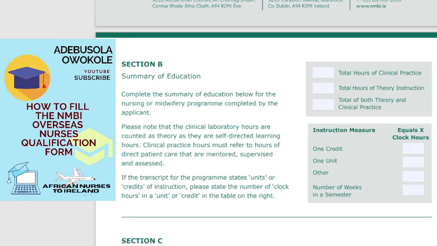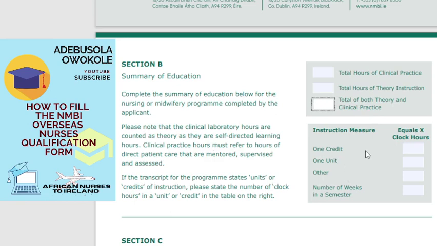The second one is the total number of hours of the theory instruction, the classroom instruction, for all the courses combined together. And this one is the total number of both theory and clinical practice, all the hours on your transcript of training, all combined together.